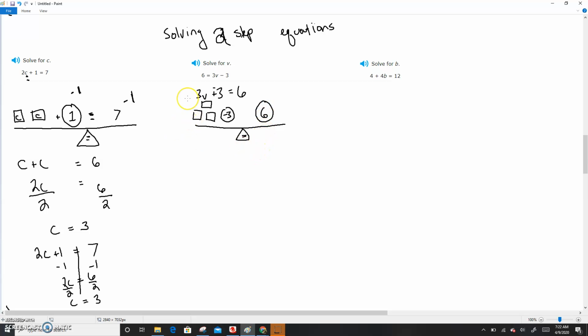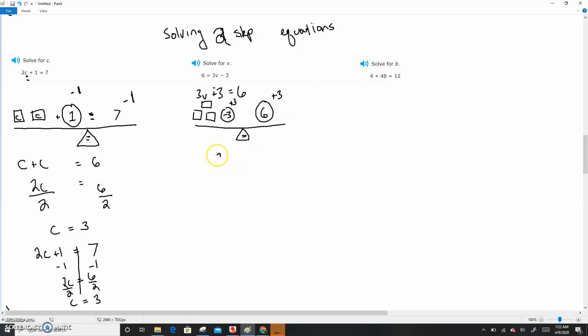So what do I need to do to get these boxes by themselves? Well, first thing, I need to get rid of this negative 3. And what's the opposite of negative 3? Positive 3. But if I put a positive 3 over here, I need to make sure my balance stays level, so I got to do the same thing over here.